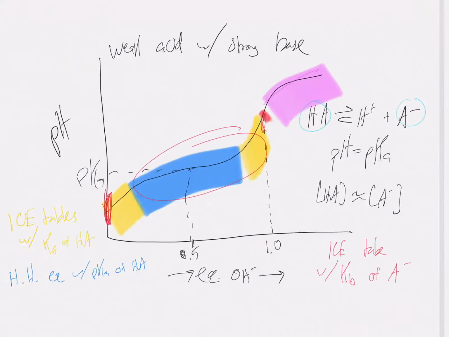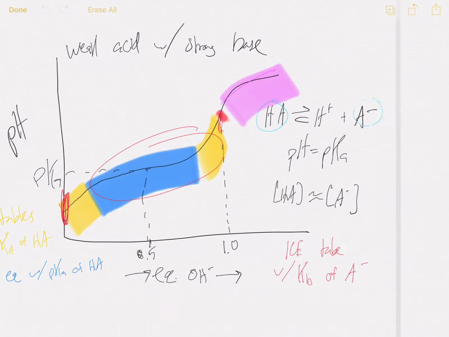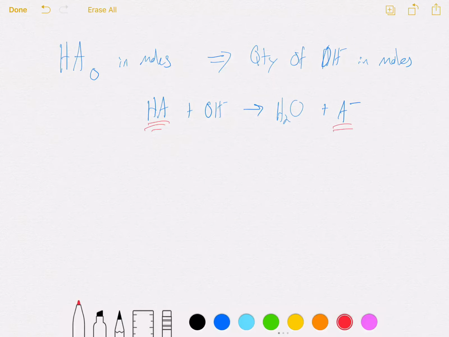And the only difference between the blue shaded region and the yellow shaded regions is whether or not you can abandon the ICE table and thus the quadratic equation, or whether you can go right to the Henderson-Hasselbalch equation and not have to do ICE tables and quadratic equations. That all has to do with how much A and HA you have after the titrant you've added has neutralized it.